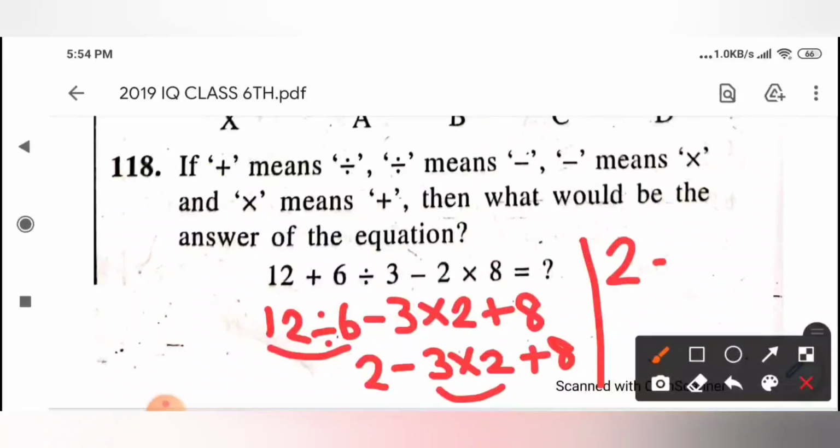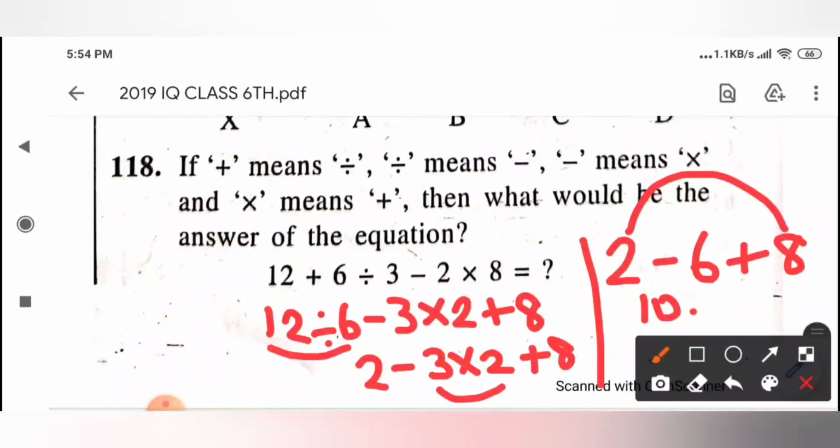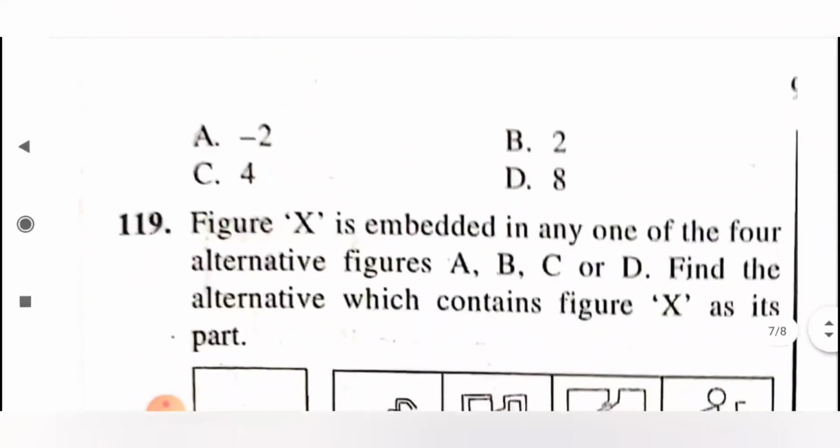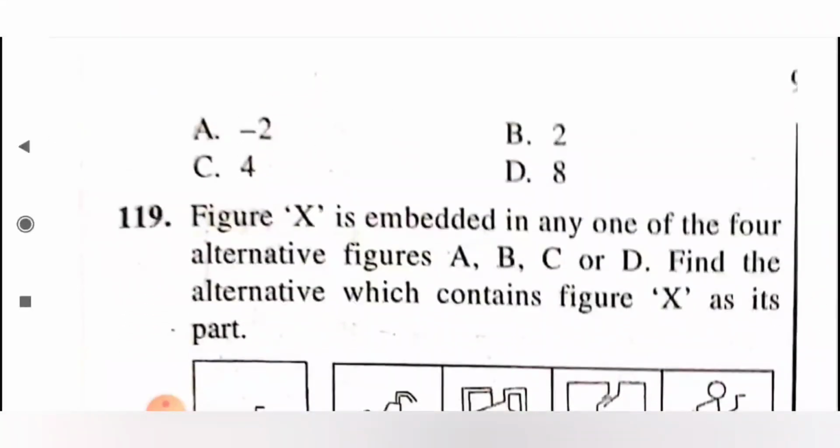So 2 minus 6 plus 8. After multiplication, we have to do addition. So 2 plus 8, minus 6 you don't consider, you have to add plus symbols. 2 plus 8 is 10, minus 6. 10 minus 6 is 4. So the answer is 4. Option C, 4.